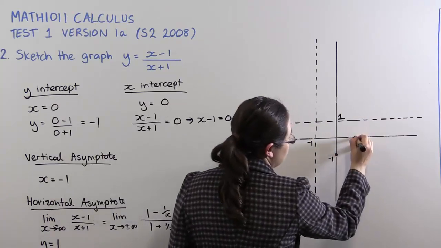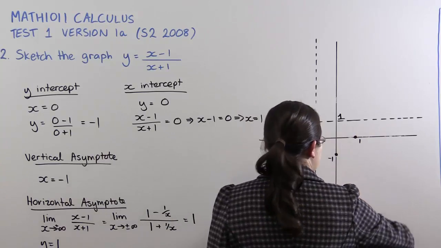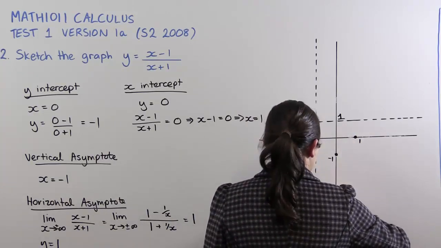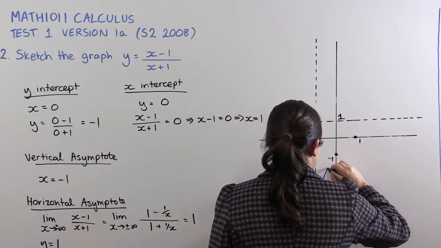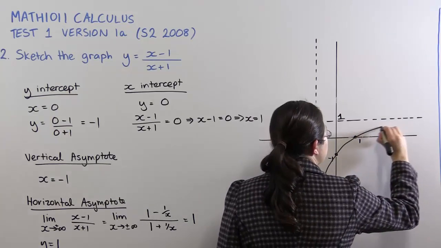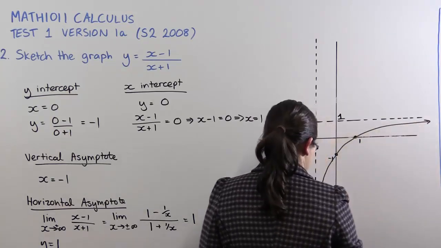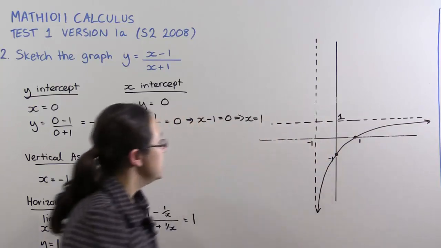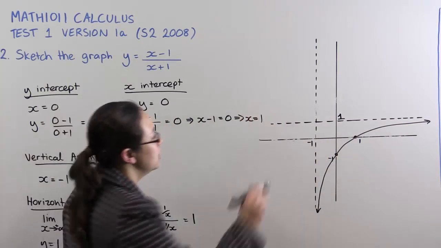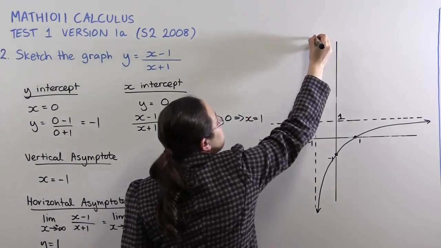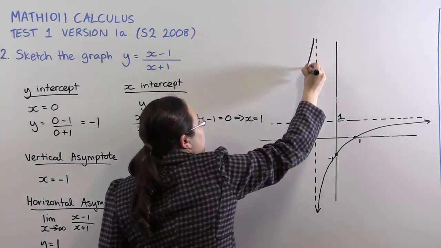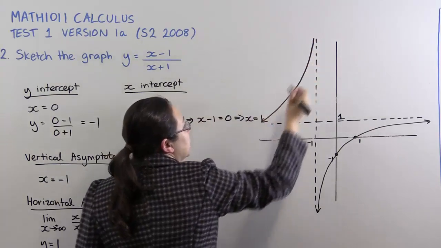It passes through this y-intercept and this x-intercept, and it approaches this vertical asymptote x equals minus 1, and it approaches this horizontal asymptote y equals 1. Now over on this side, it's still approaching those asymptotes, but it's this branch of the hyperbola here.